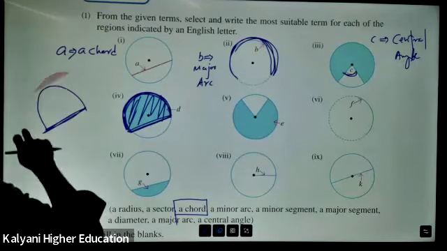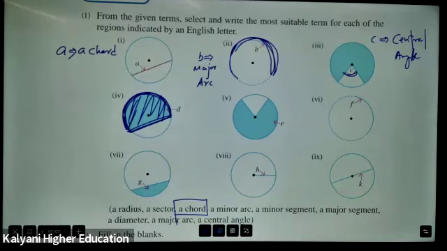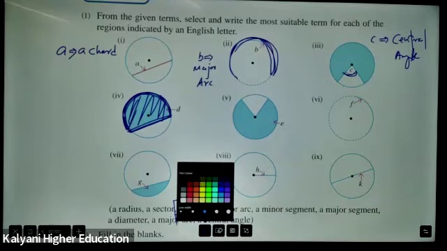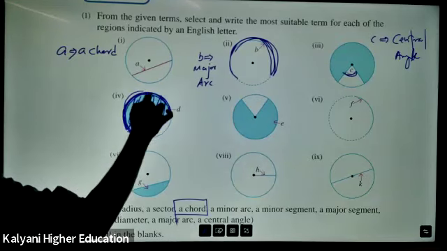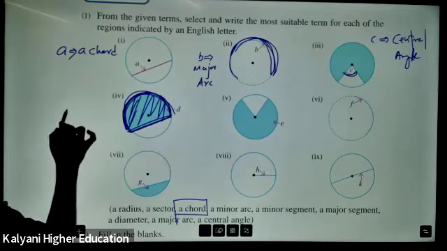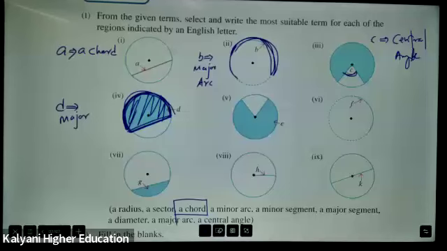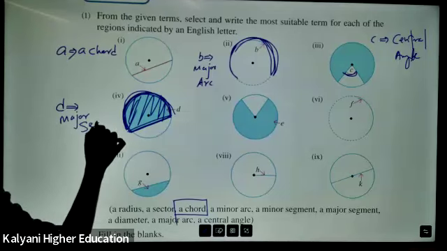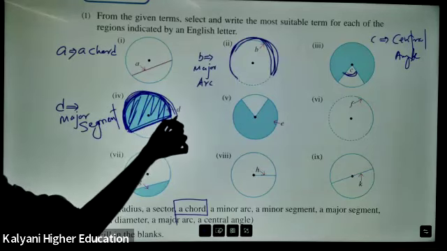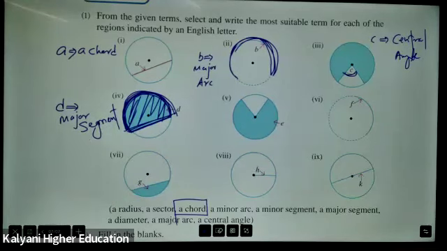Chord and arc make a segment. But this arc is a bigger one, so it's a major arc. Major arc means major segment. So we can say this is a major segment.